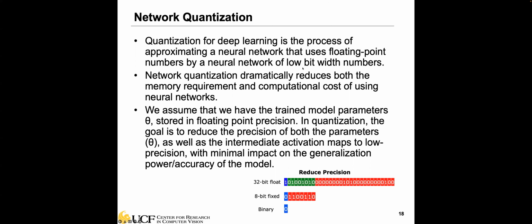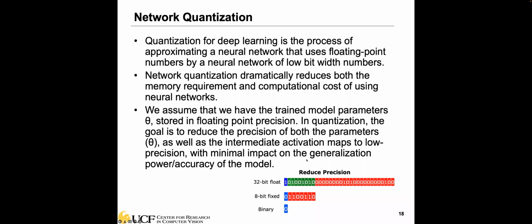And we want to maybe use low bit width numbers for the weights as well as the activation map or feature map, right, maybe 4-bit or 8-bit, okay. So quantization will dramatically reduce the memory requirement and the computational cost, right, because you are using low bit to represent the model. That requires less memory and also less computation.